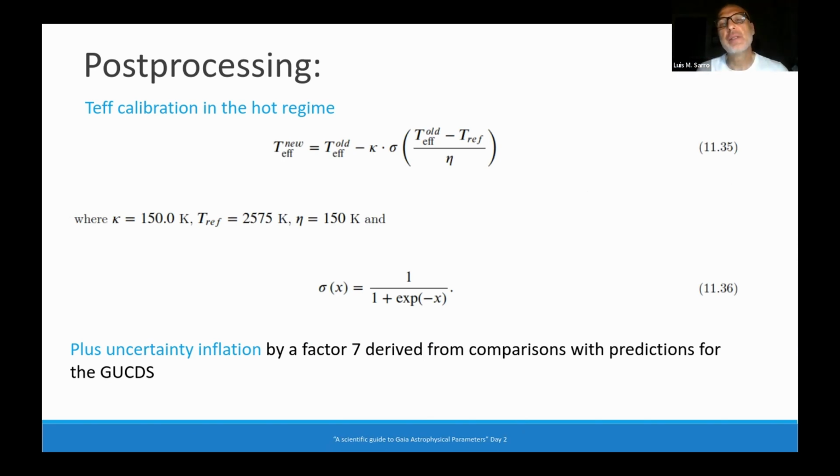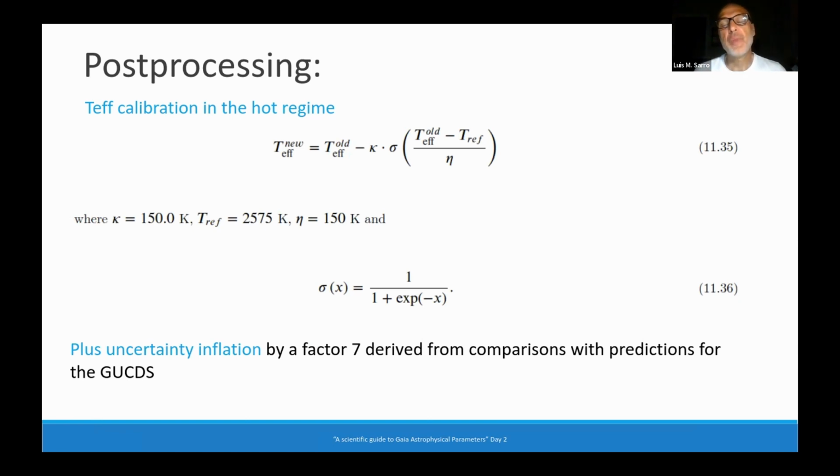And we realized that in the hotter regime, above 2500 Kelvin, there was a discrepancy between the two. Of course, the two of them do not coincide. They produce relatively different predictions of effective temperature. But above 2500, the differences were systematic and significant.